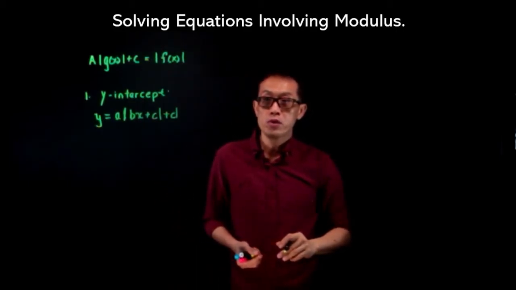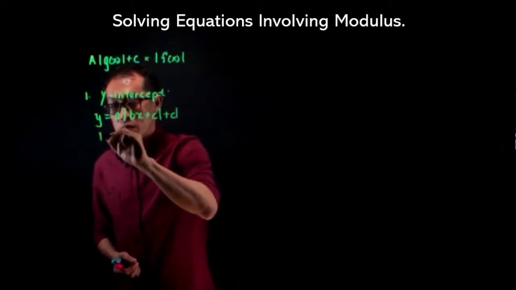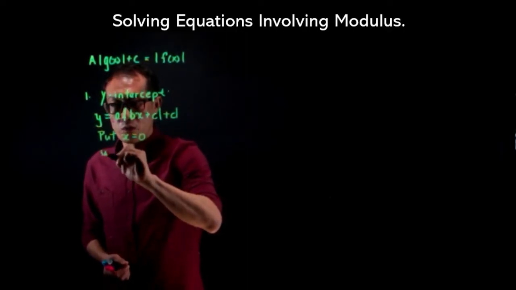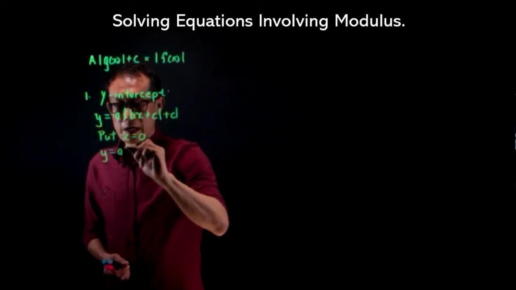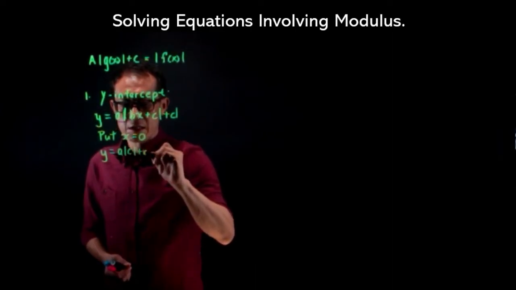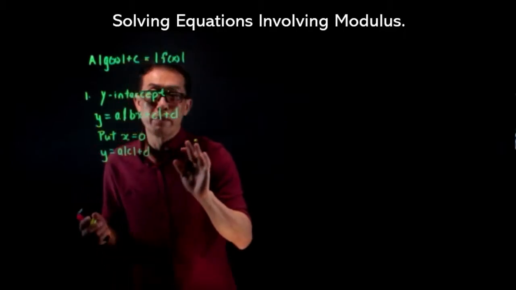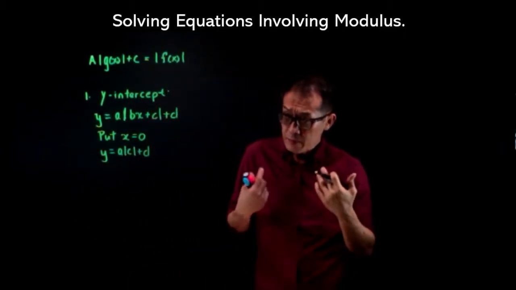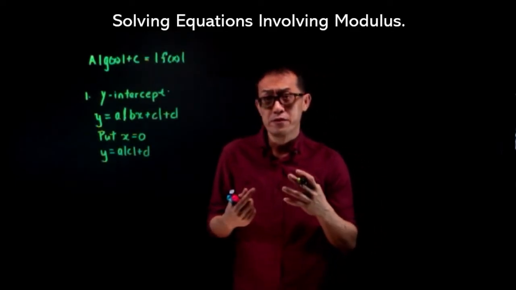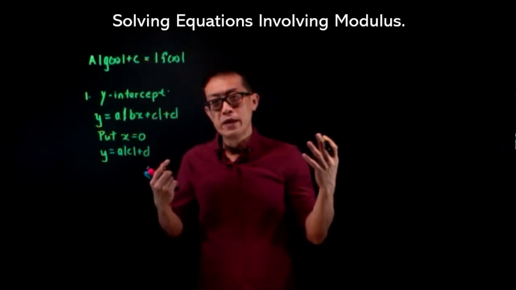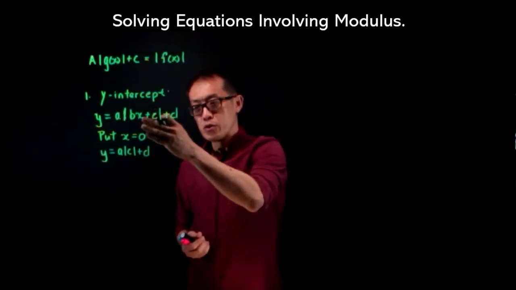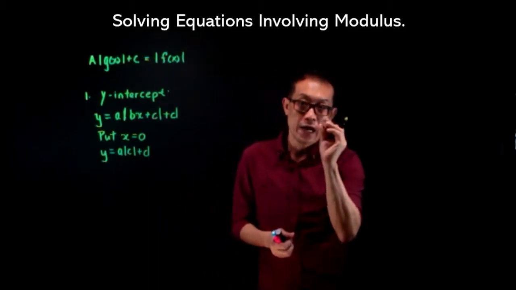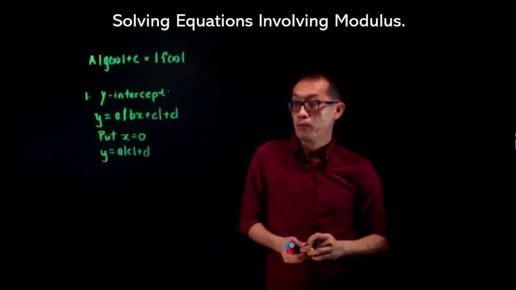What you can do is just put x equals 0. Then y will be equal to a mod c plus d. Please don't memorize this expression, just put x equals 0. Otherwise you will find you have too many things to remember. Just do it intuitively: you put x equals 0 because for anything on the y-axis, the x coordinate is 0.